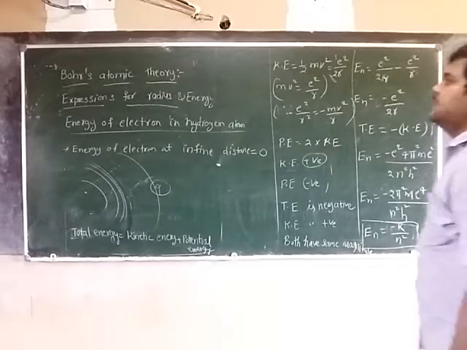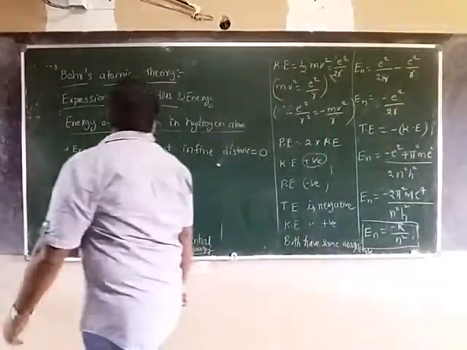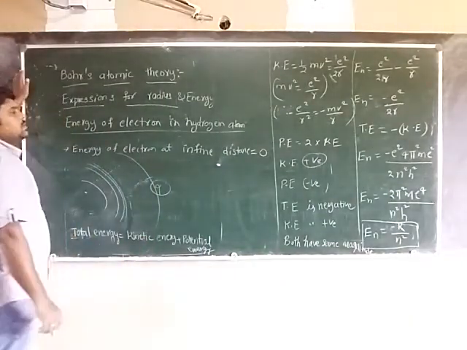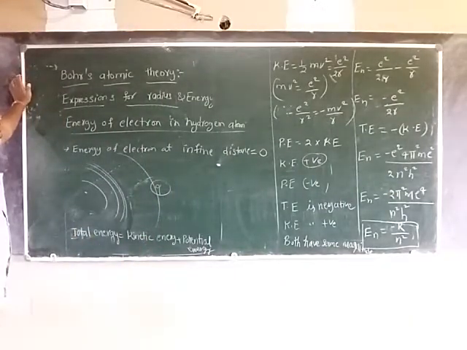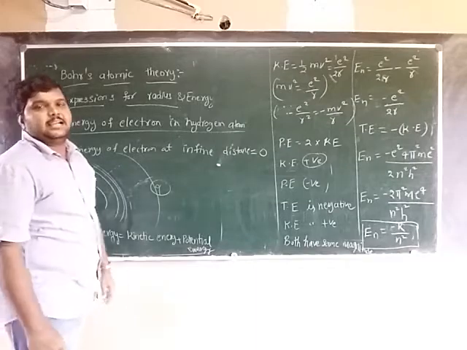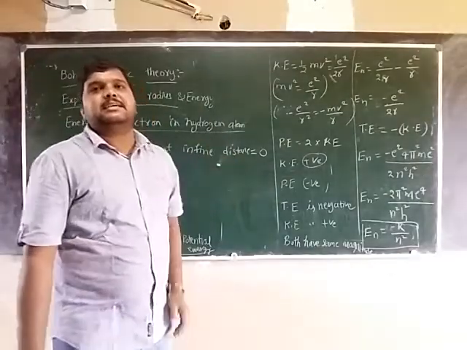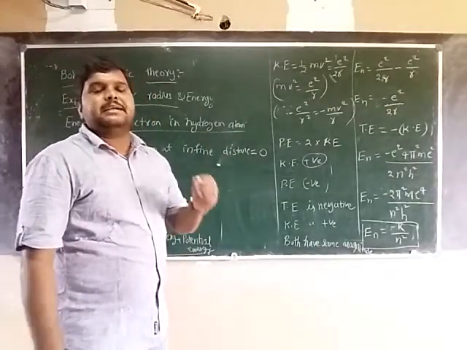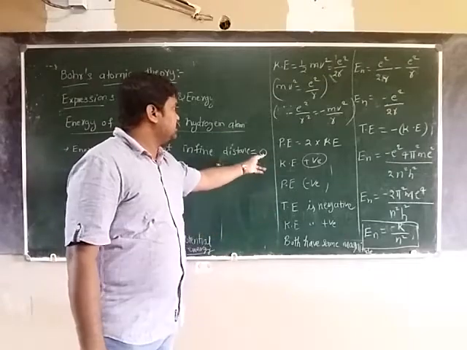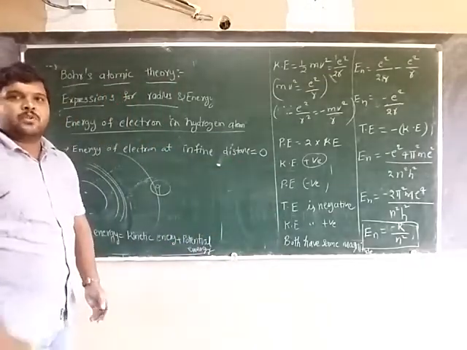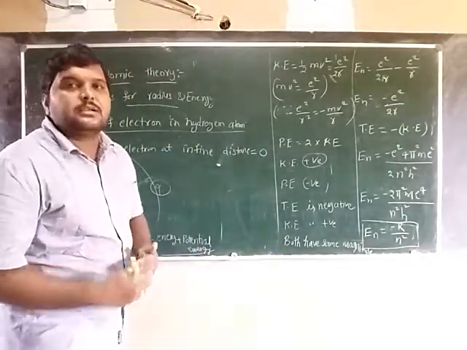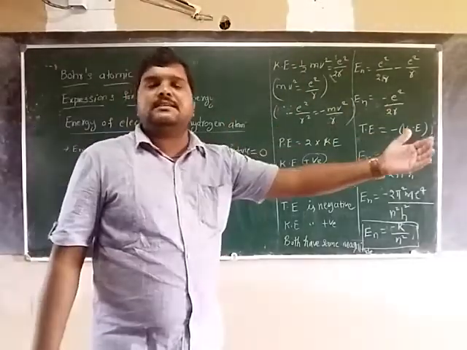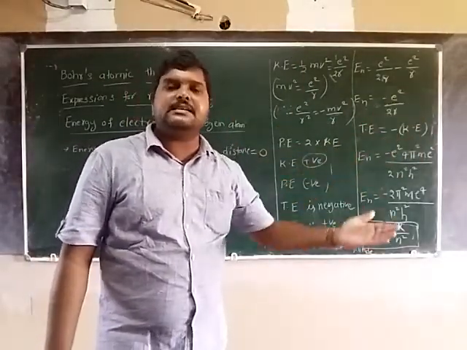Okay, now we see the energy of electron in hydrogen atom. When electron is at infinite distance, we consider that the energy of that particular electron is equal to 0.